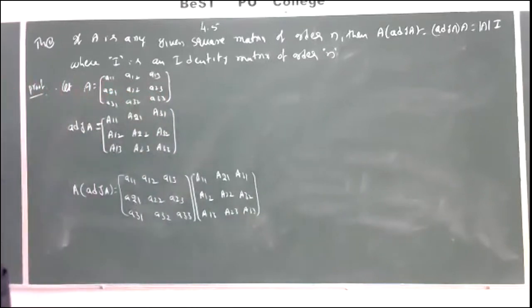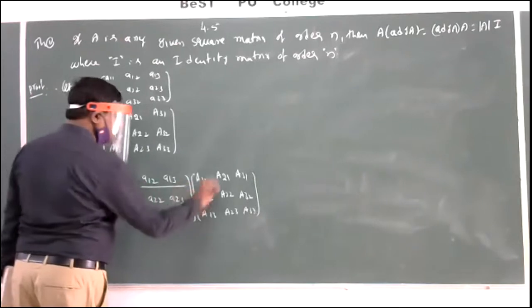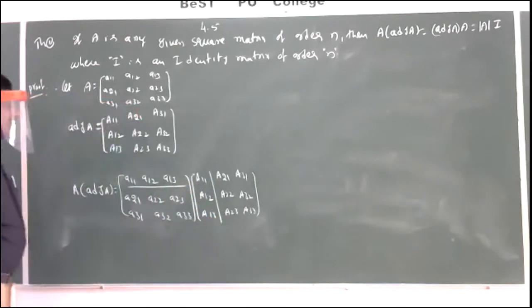Now multiply these two matrices. Already you learned matrix multiplication. Multiply first row by first column.